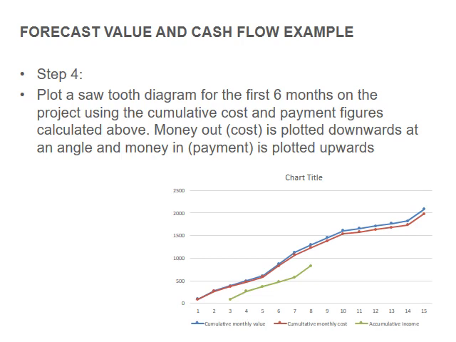Step 4, plot a sawtooth diagram for the first 6 months on the project using the cumulative cost and payment figures calculated above. Money out is plotted downwards at an angle, and money in, payment, is plotted upwards. I didn't do that. I don't know how to do that on Excel, to be honest, but it's easy to do by hand.